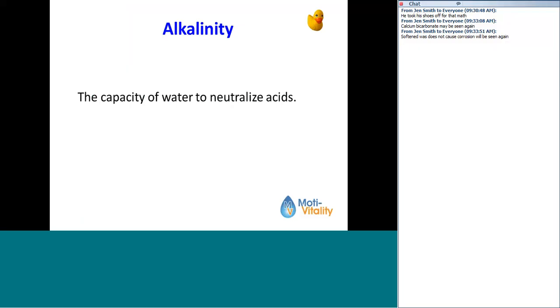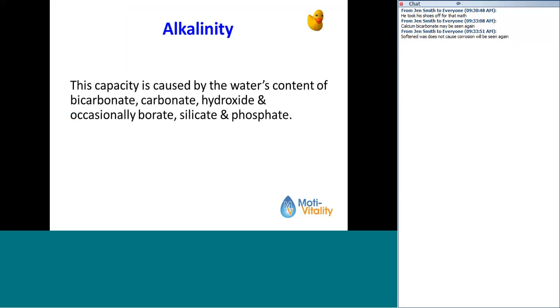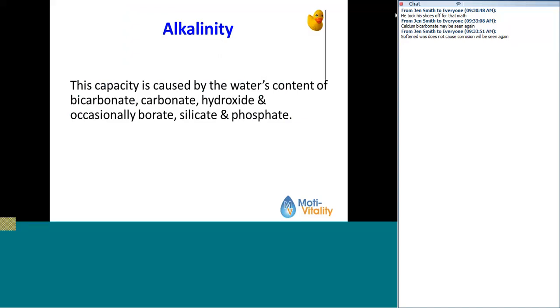The definition of alkalinity is the capacity of water to neutralize acids. The capacity is caused by the water's content of bicarbonate, carbonate, hydroxide, and occasionally borate, silicate, and phosphate.